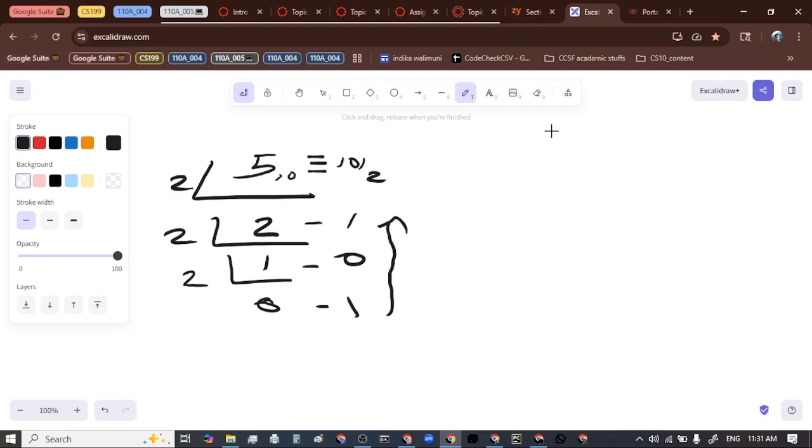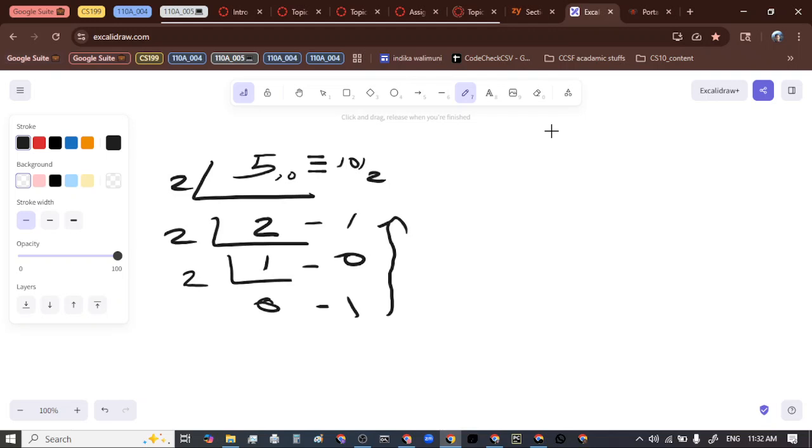So we have to divide until we reach 0 all the way to the bottom, then we write the remainders by the side. Why we read from bottom to top is because we write numbers from left to right, right? When we write a decimal number, we write it from left to right. That's why we read from bottom to top.